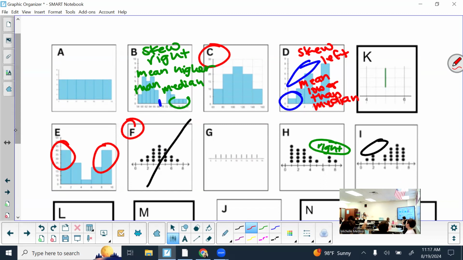Okay, why E? Why is E more spread out than C? Dan? I think E because there are two tall points and they're away from each other. Okay, I agree.